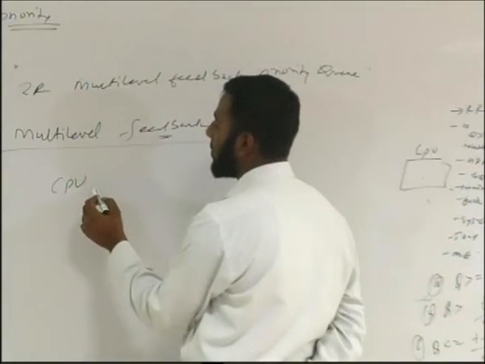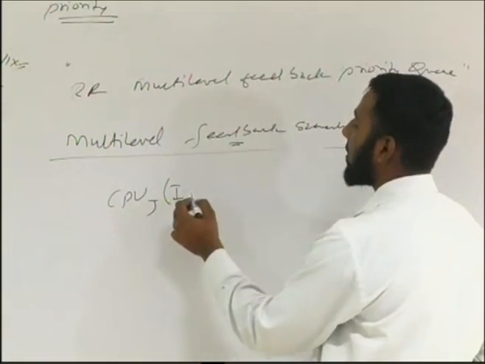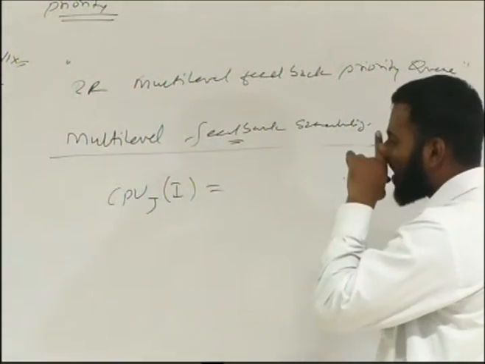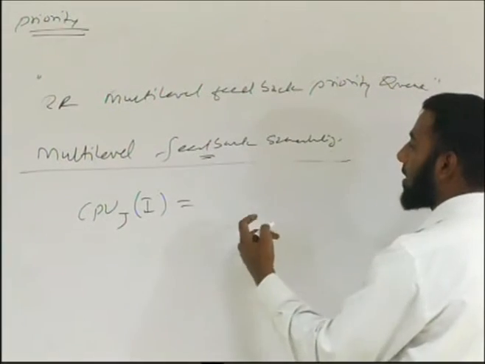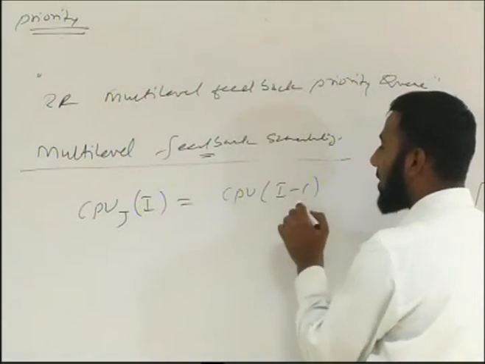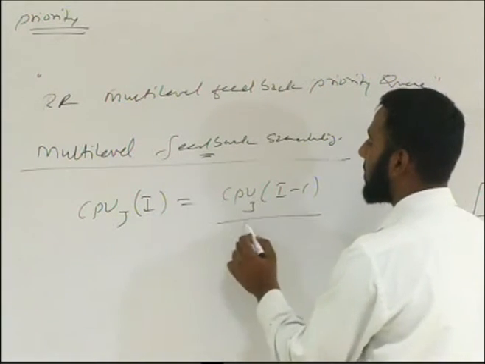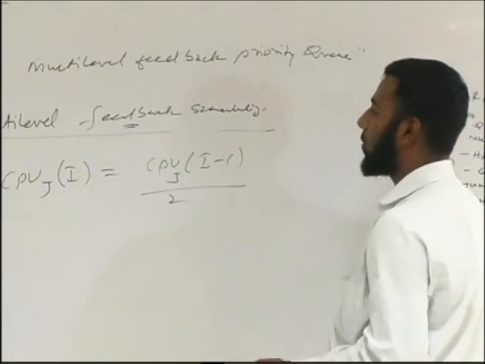You have a CPU, and process J, for example, is running on the CPU in a time interval I. Then the maximum CPU utilization by this process J in time interval I can be calculated from its past history, the (I minus 1)th interval, divided by some constant K. We have some constant here, so I am writing 2.